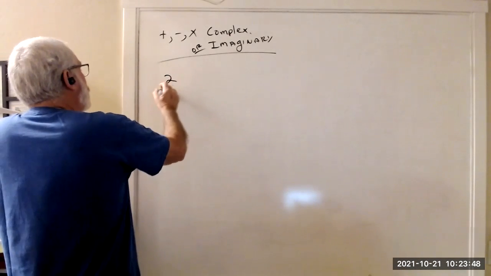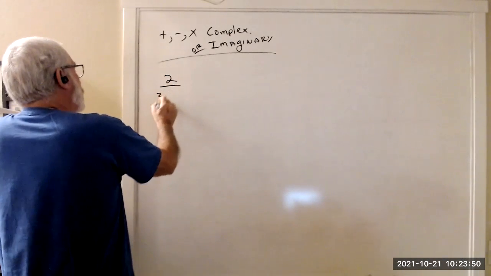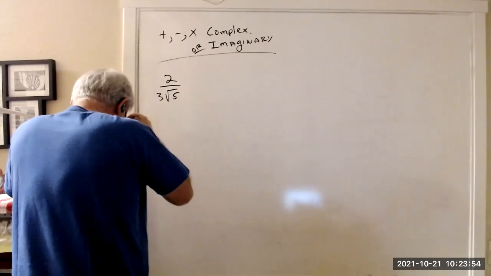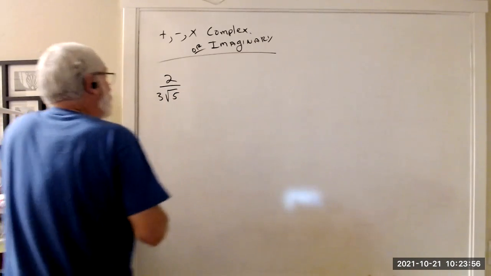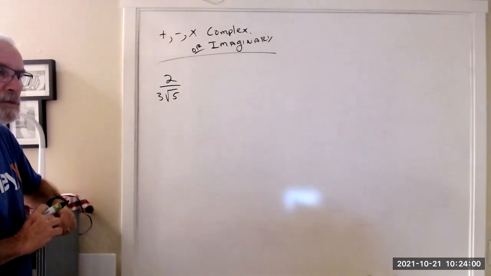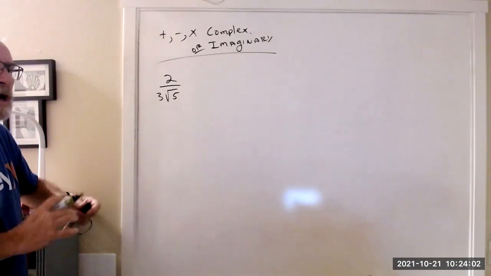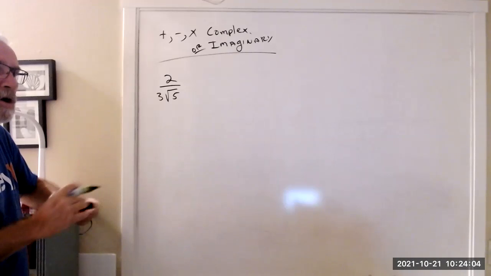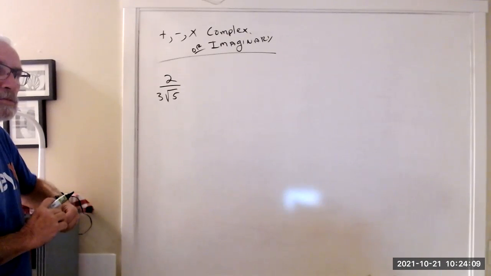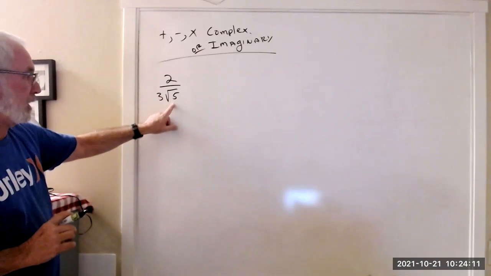If we had 2 over 3 times the square root of 5, what's wrong with that problem? What will I not accept on quiz number 2? You can't have a radical in the denominator.